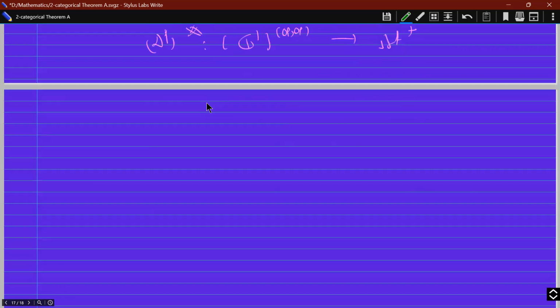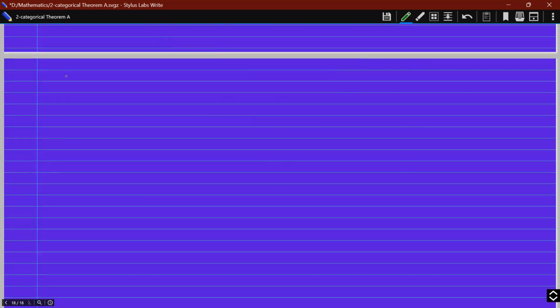So now it's an important theorem, and I want to give a proof. You have this 2-category. Then this extends to a coordinate equivalence.